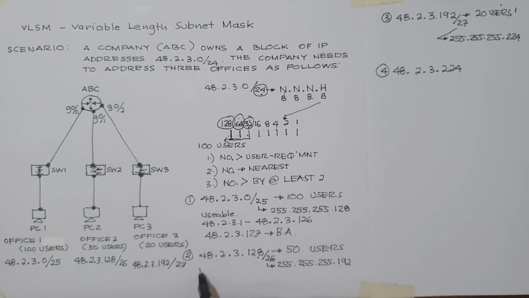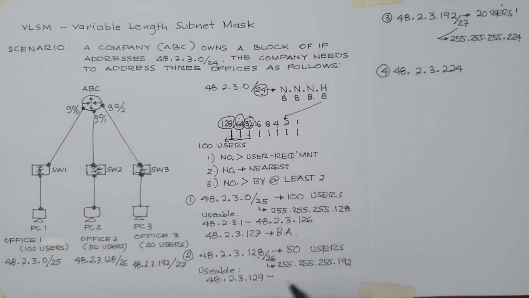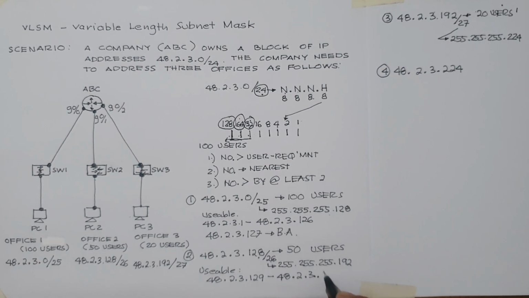For the second subnet, the usable will be from 48.2.3.129, the first after the network, up to the second to the last before 192, and that will be 48.2.3.190.